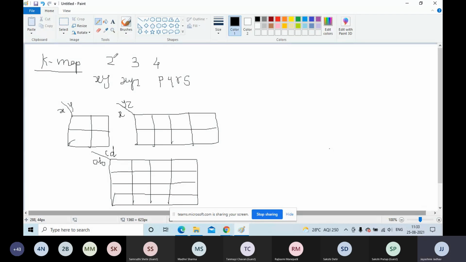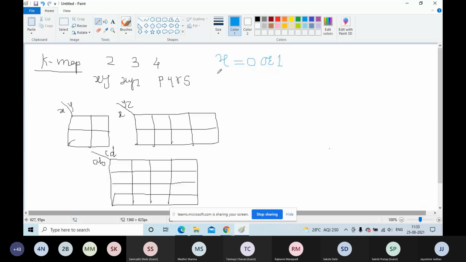Now, how can we find the values for it? This is the important question. For x, the value actually has 2 possibilities, 0 or 1. So if you have 1 variable, how many possibilities of values? 2, either 0 or 1.